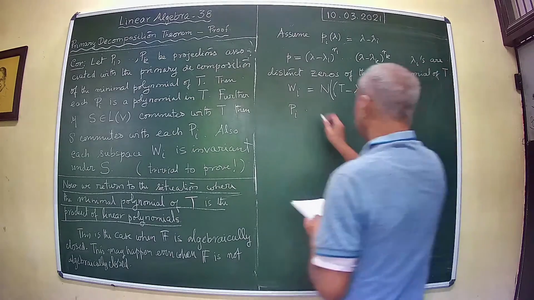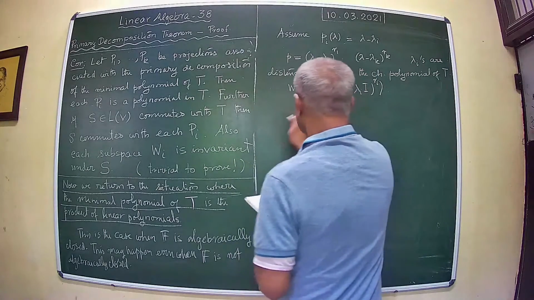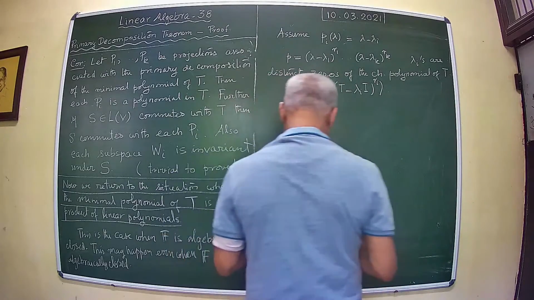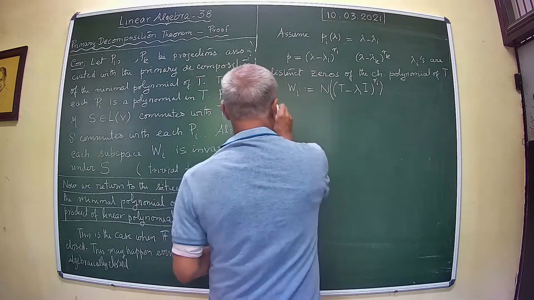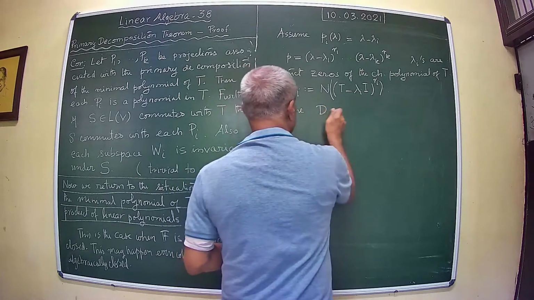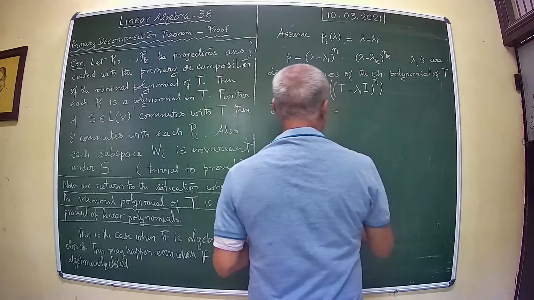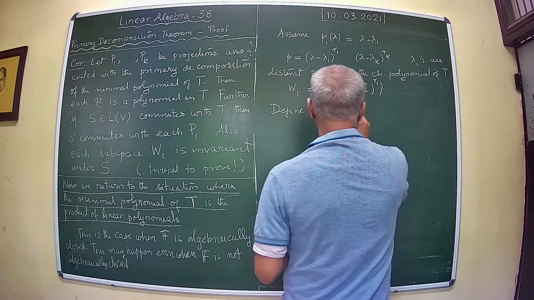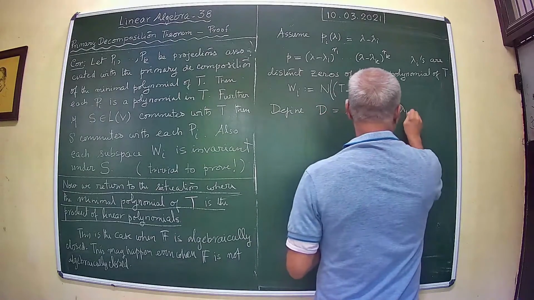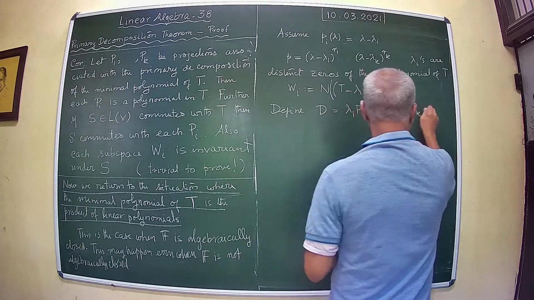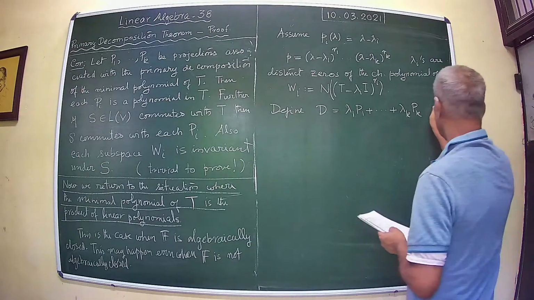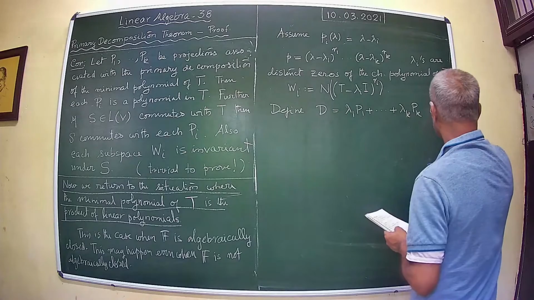This is what we call... Now what you have is the following. Let us define D to be equal to a linear combination of the projections. There is an operator. Now this certainly belongs to N.